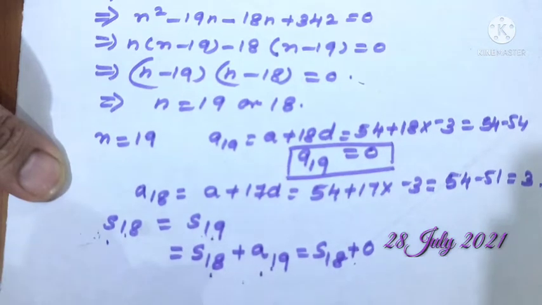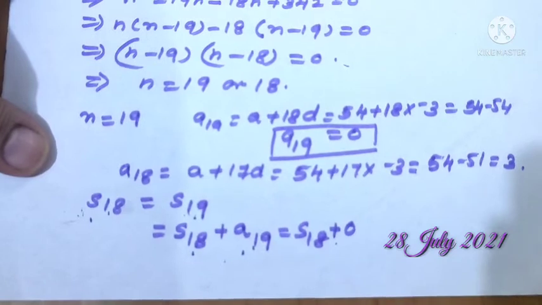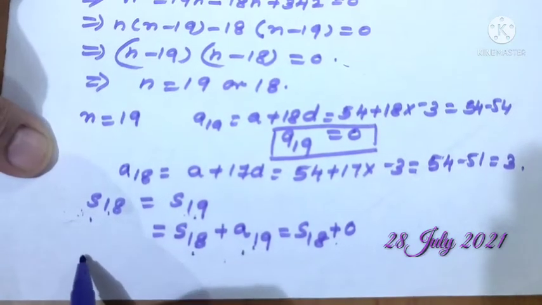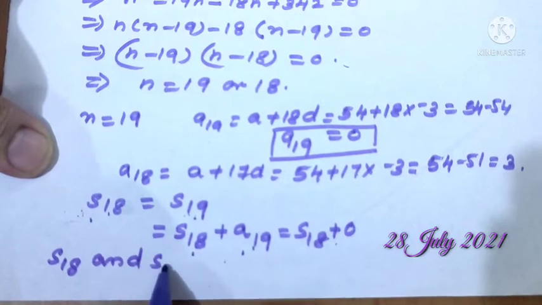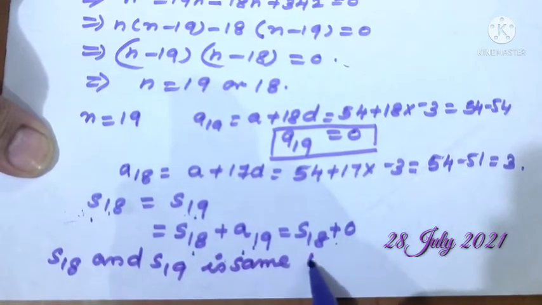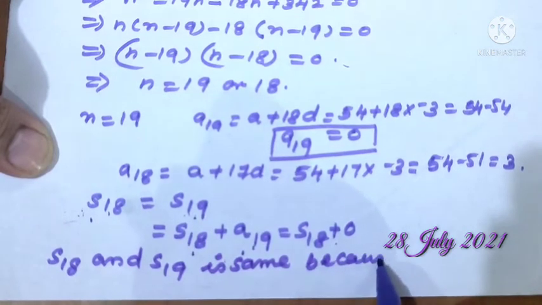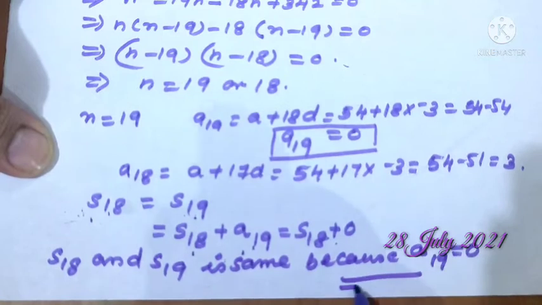Why? The reason is A19 is 0. We will write: S18 and S19 are the same because A19 equal to 0.